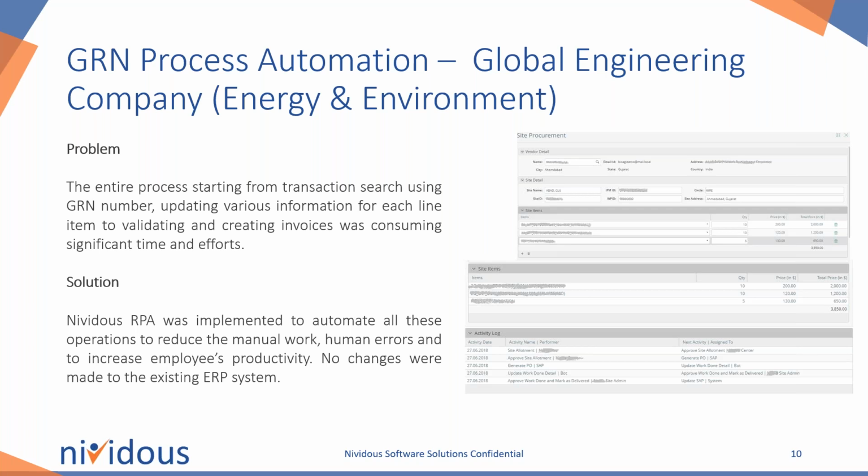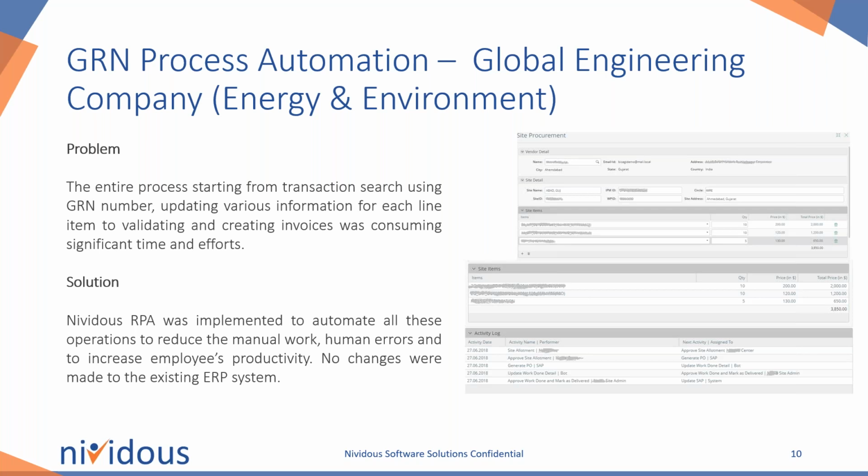So in this case, the company was using Oracle ERP, and they were doing this process all manually, where Excel was being used in conjunction with Oracle ERP, and there was a manual process of reconciling the two, where items were getting searched manually, and the information was found and updated from one system to the other.